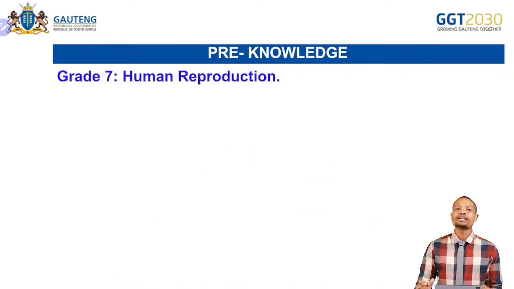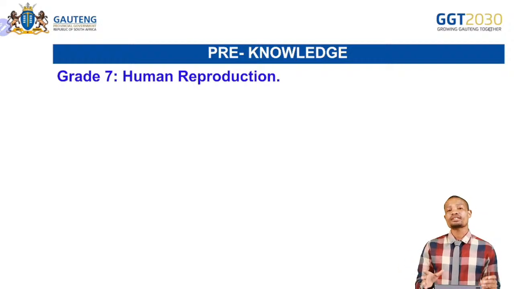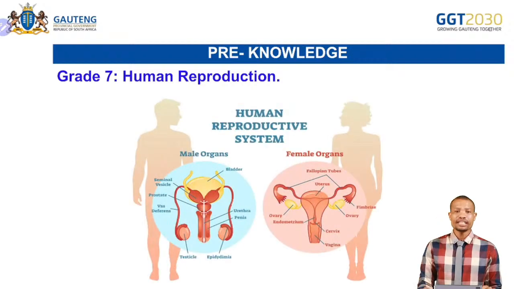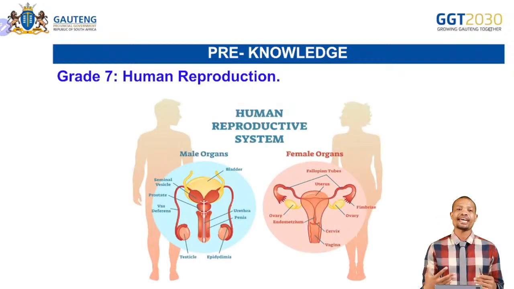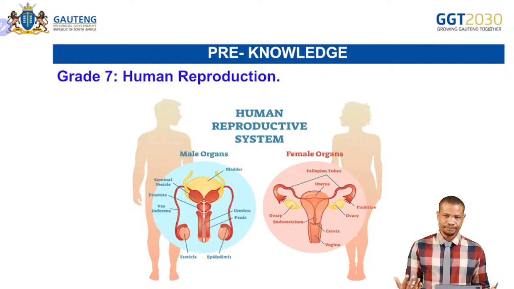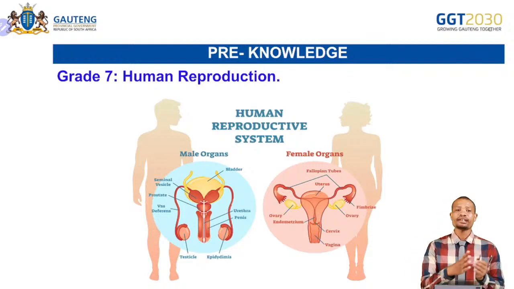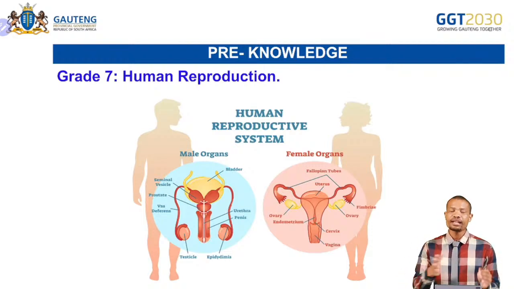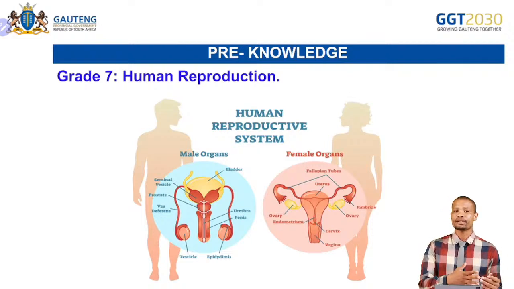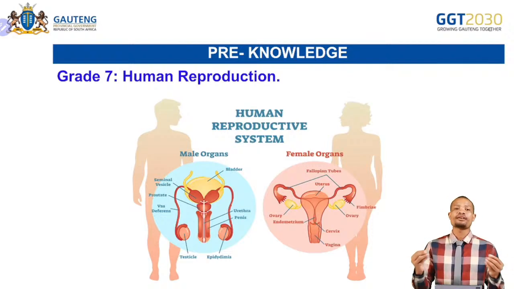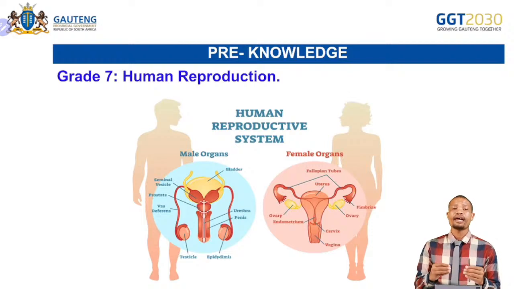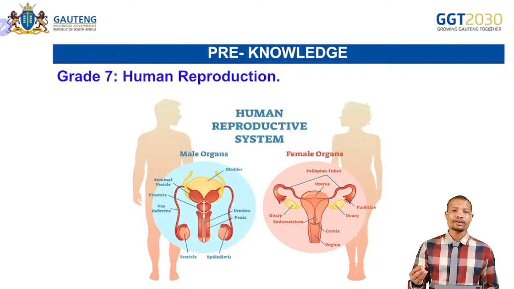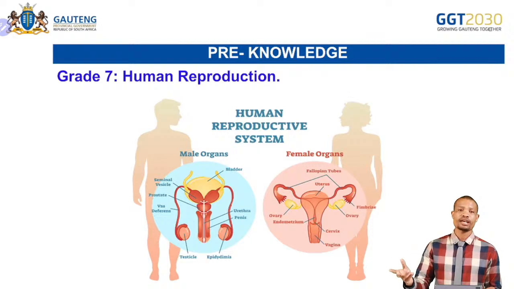And in grade 7, we learned about human reproduction. Now, this is a topic that is relevant to today's lesson because we are looking at puberty. In human reproduction, we need two individuals. These two individuals must have sexual organs, okay? They must have a reproductive system from the male and a reproductive system from the female. And then these two must fuse gametes and form a zygote, which later forms a baby.